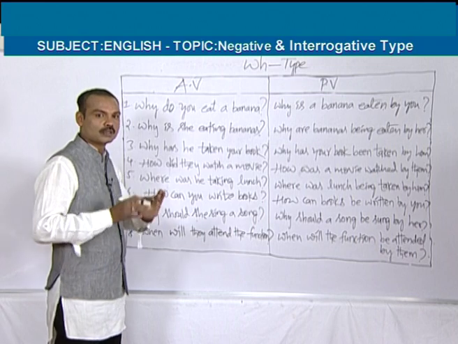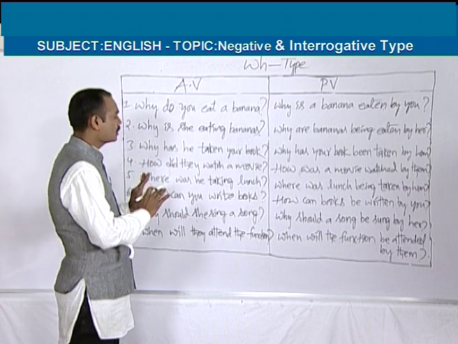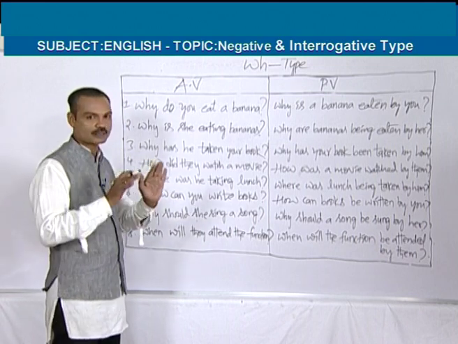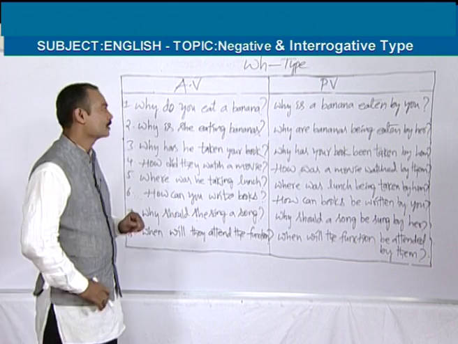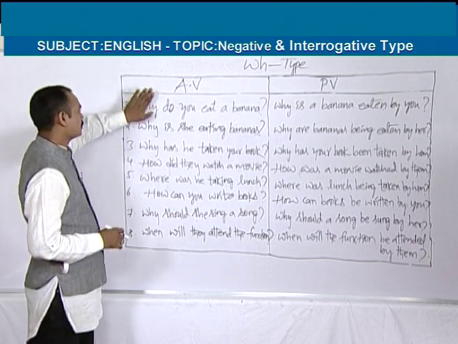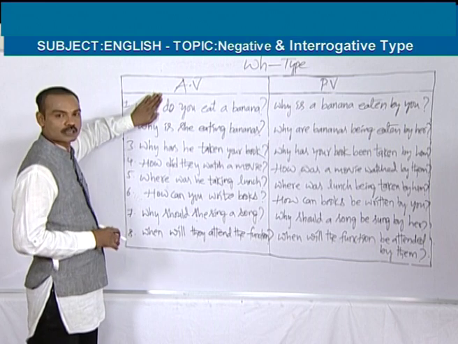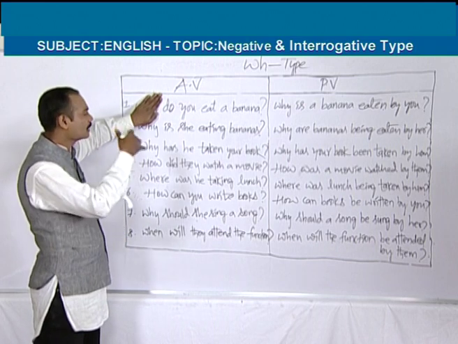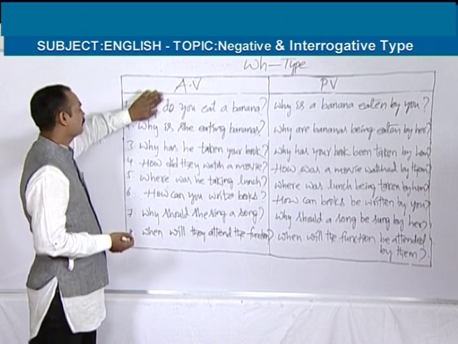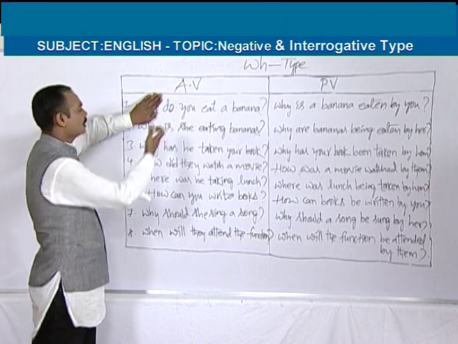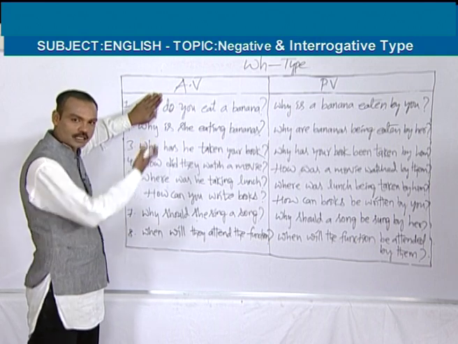Now let's learn how to change active voice into passive voice from WH type. So friends, if you are good at interrogative type, it will become very easy. See, if I close this WH word, it becomes an interrogative sentence, interrogative type.